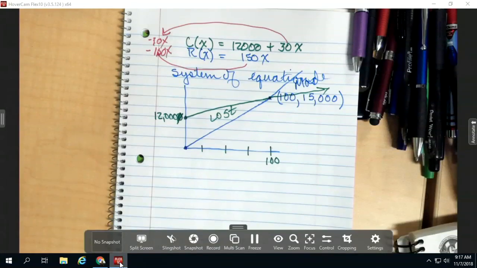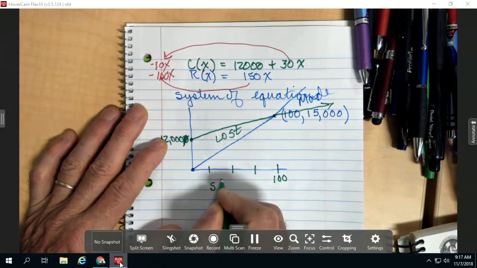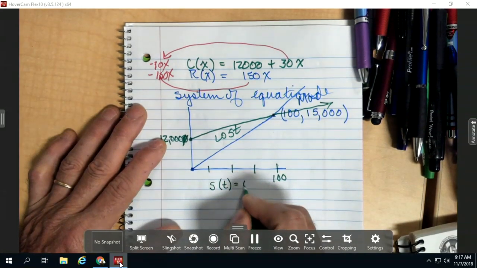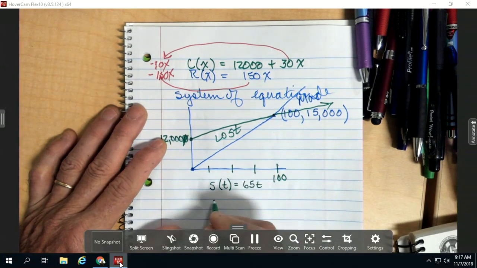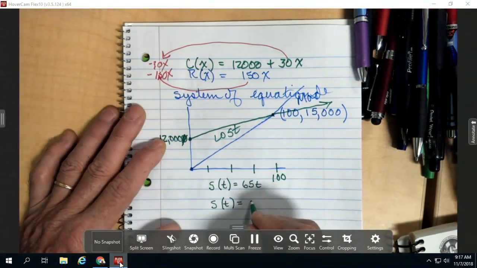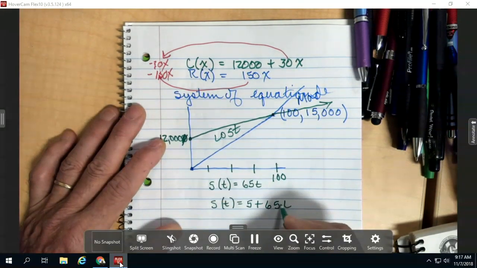let's do something just a little bit different, and let's say S of t equals 65t. S of t equals 5 plus 65t.